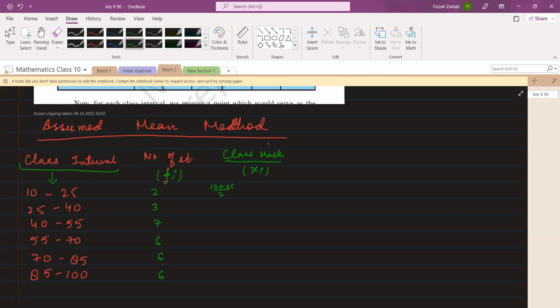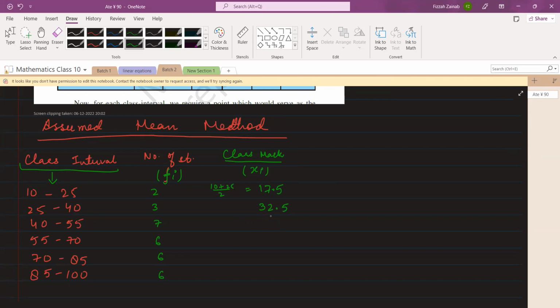So this is 35 by 2, right? Which will be 17.5. Now this is 65 by 2, so it will be 32.5, right? Okay, anyway, this is a solved example I'm doing.